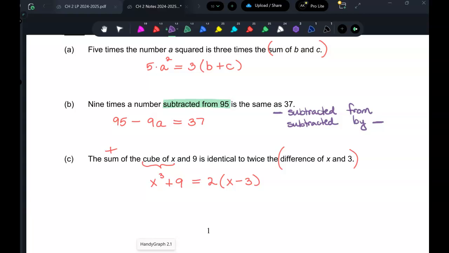Like if you're subtracting from 10, that means it's going to be 10 minus. Or if I said you're subtracting by 10, that means you're taking 10 away from something. Okay? All right, other questions?